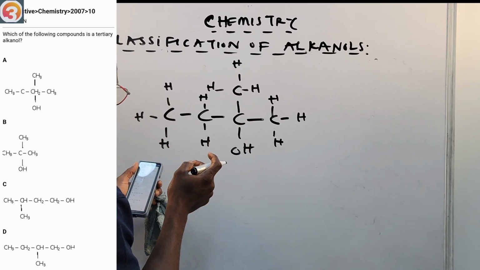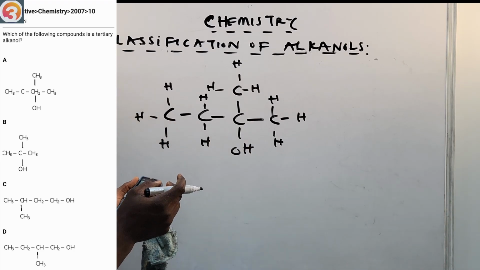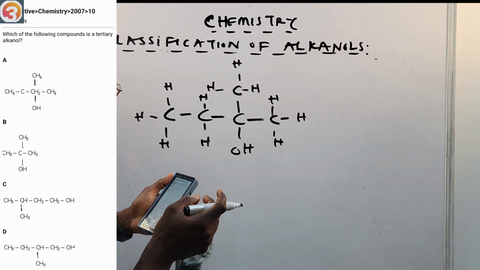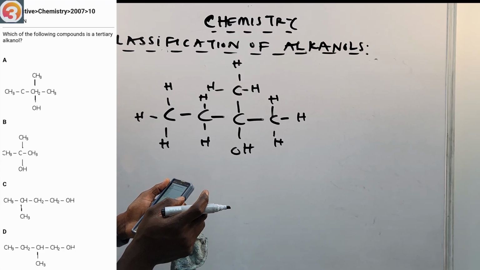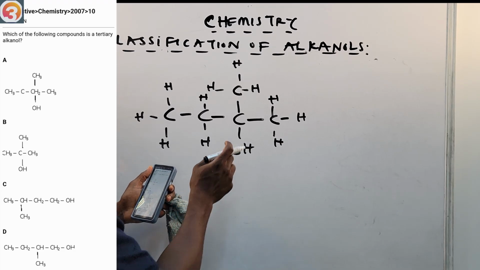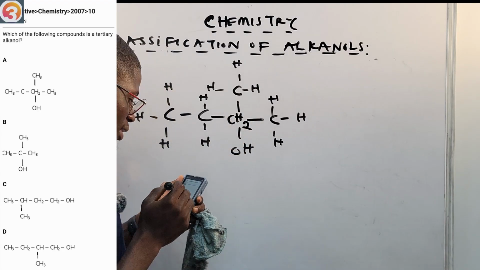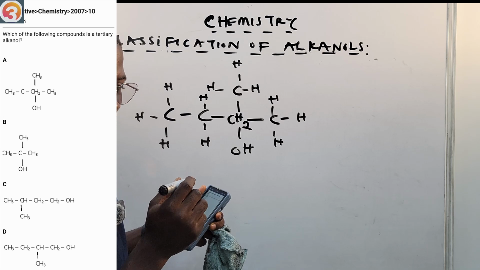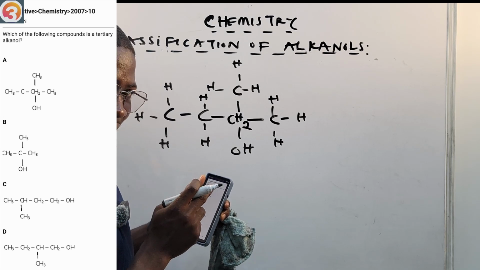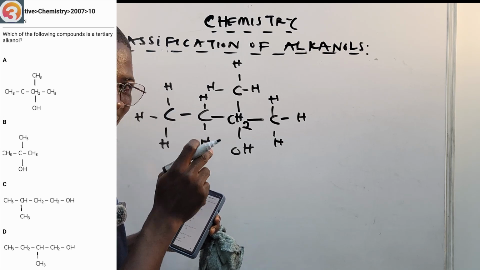First of all, I think the reason this first option might be wrong is because at this point here they put CH2. If you look very closely, it's not a C, it's a CH2 that is present there.